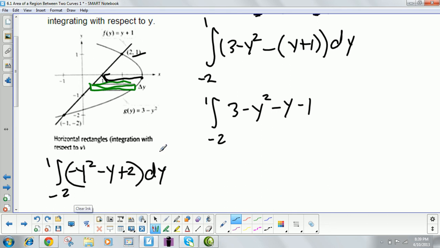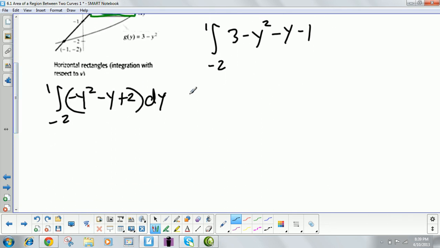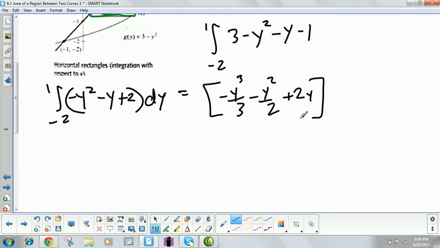Now you can go ahead and just integrate it. It would be -y to the third over 3 minus y squared over 2 plus 2y, from our limits -2 to 1.